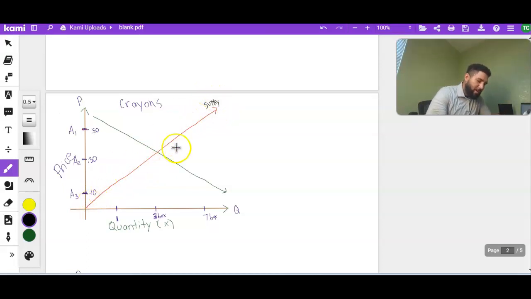The suppliers, this is what they would be looking at in terms of how much they want to charge for the quantity of crayons, and for us it's the demand curve. Okay, as the quantity of crayons is, let's say, 7 boxes, for the supplier, they would like to charge you 50 cents per box for 7 boxes of crayons. But for us, we're thinking, wait, if we buy 7 boxes of crayons, we want to get each box at a cheaper price.